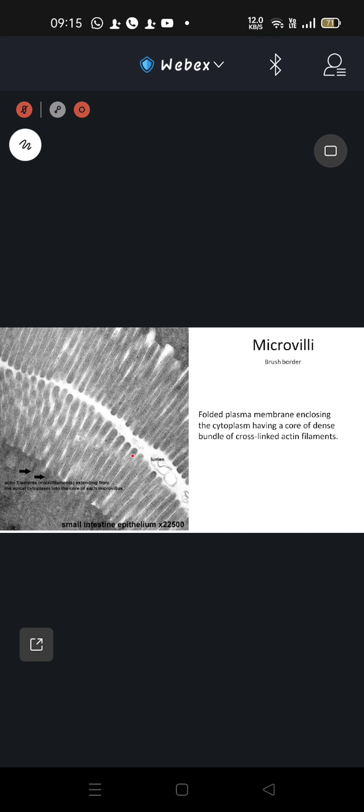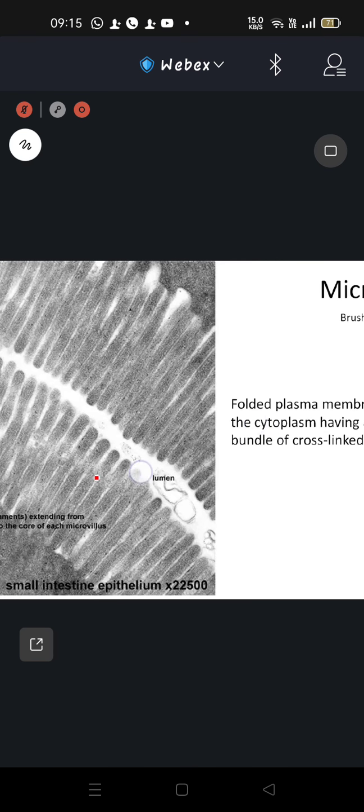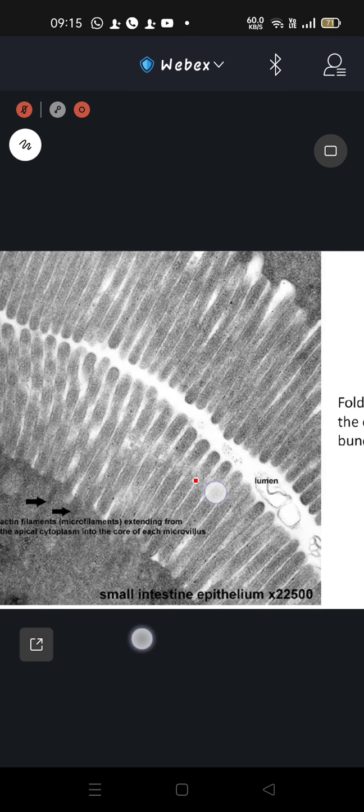So these microvilli have this core of actin filament along with the cytoplasm, and it is wrapped by the plasma membrane. So this is a folding of the plasma membrane in fact. The folded plasma membrane has the central core of the actin filament. That's how the microvillus is formed.